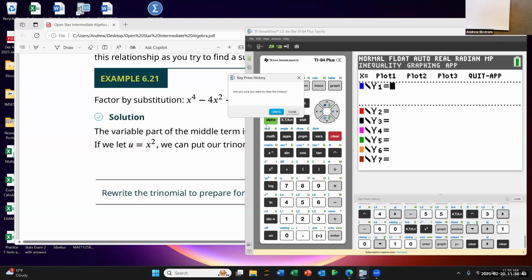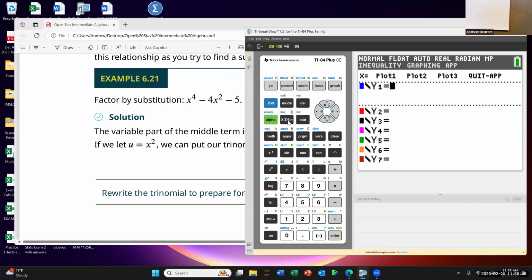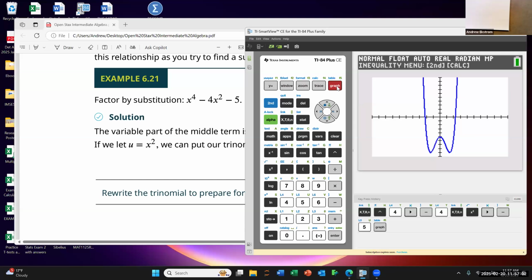Clear all this stuff out down here too. So we have x to the 4th, arrow over, minus 4x squared, arrow over, minus 5. Then we graph that.